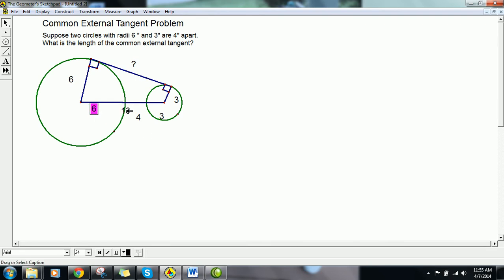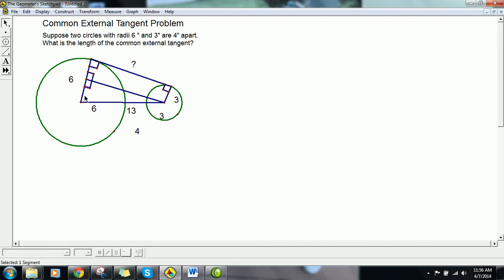So now I want to create an opportunity where I can potentially use the Pythagorean theorem. This is a trapezoid right here, with my parallel sides. What I want to do is create from that trapezoid a rectangle on top and, more importantly, a right triangle on the bottom.